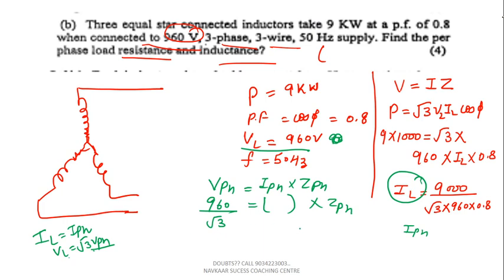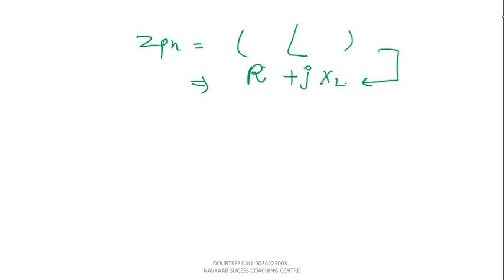You need to tell me in the comment box what would be the value of IPH, and accordingly what would be the value of ZPH. After getting ZPH, you will get a certain value in polar form, right? Convert this polar form into rectangular form, then you will get it in the form R plus jXL.